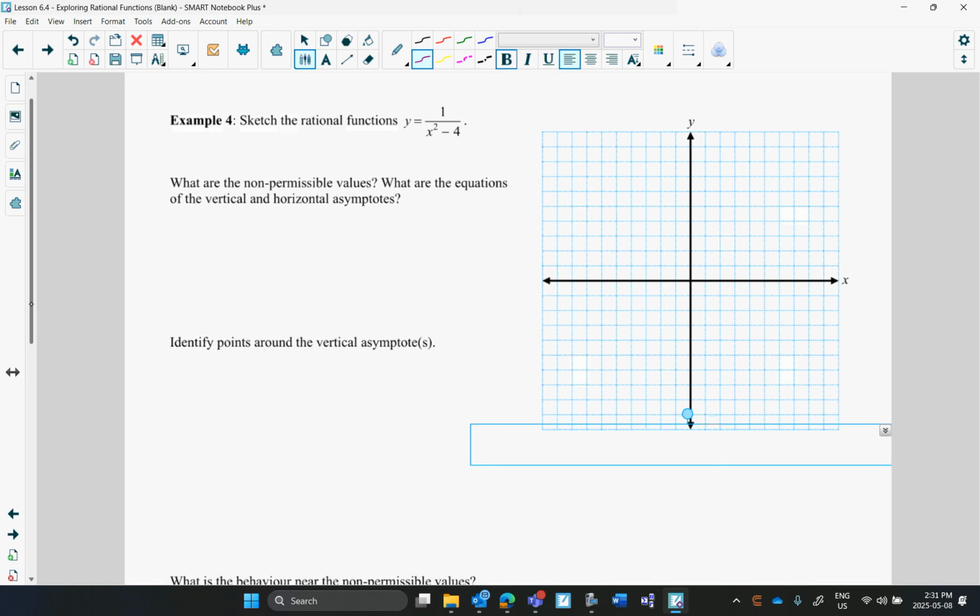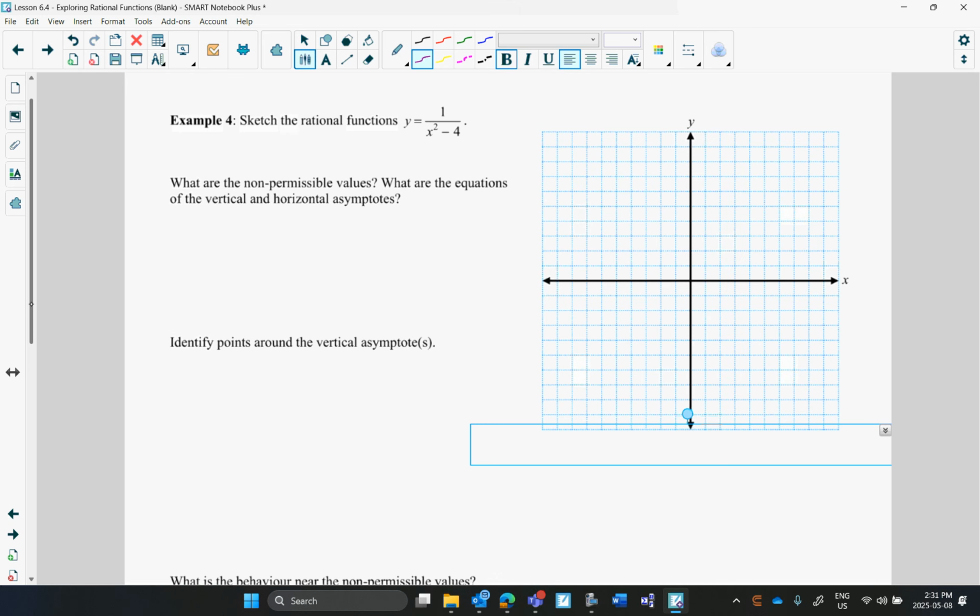Here we have 1 over x squared, but it's got -4 in the bottom. What are the non-permissible values? What value of x, or values, would make the denominator work out to 0? +2 and -2.